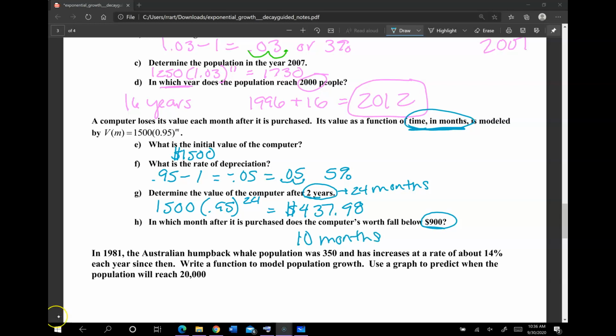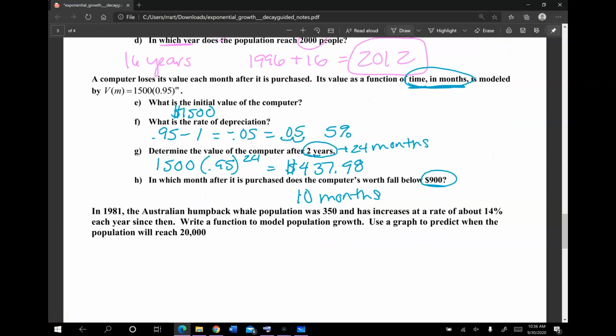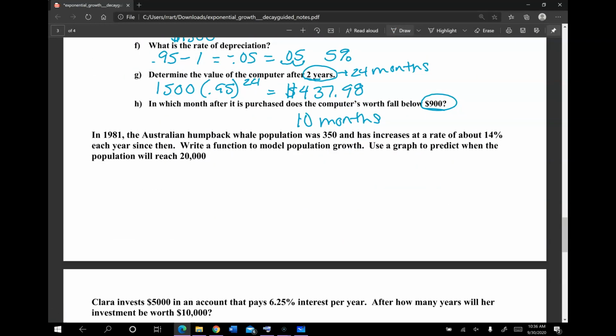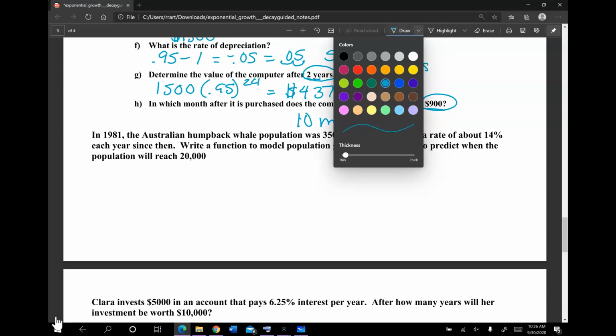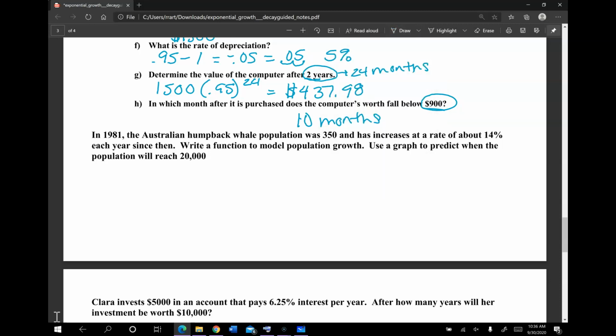Okay? All right, so now we are going to make an equation given all this stuff. Okay, so it says in 1981, the Australian humpback whale population was 350. Okay, so we need to know that number. It's 350.